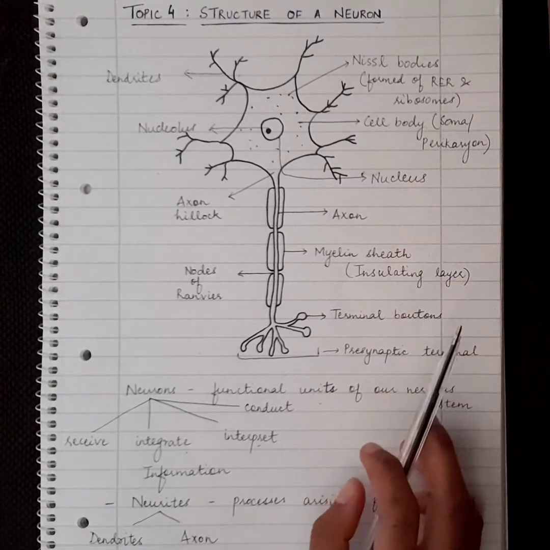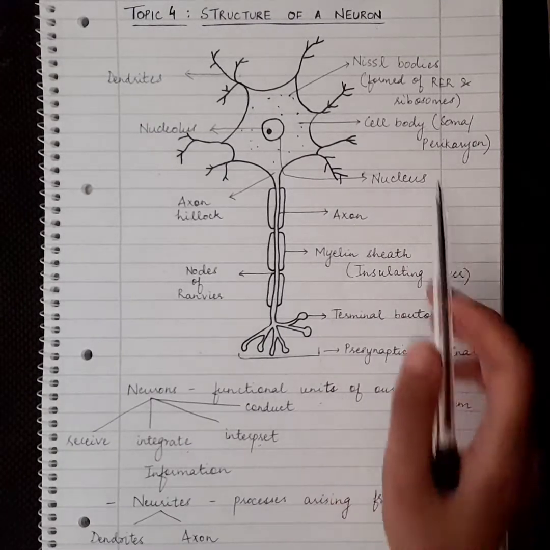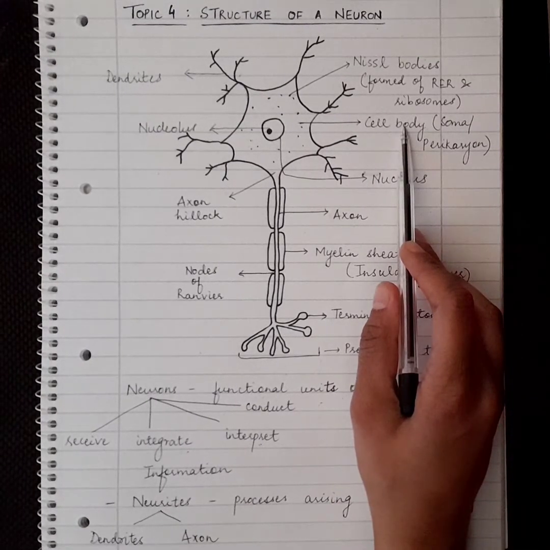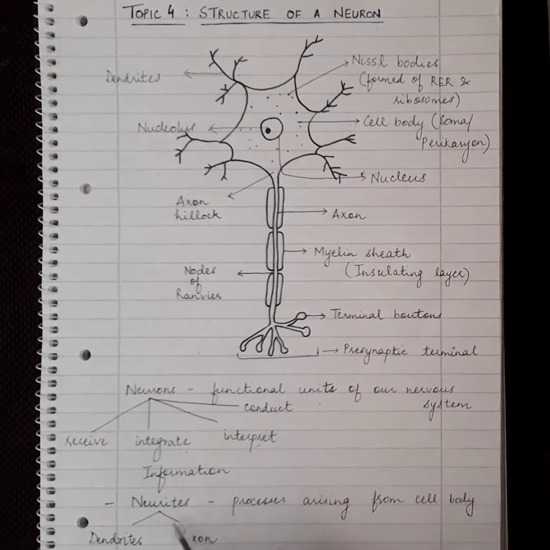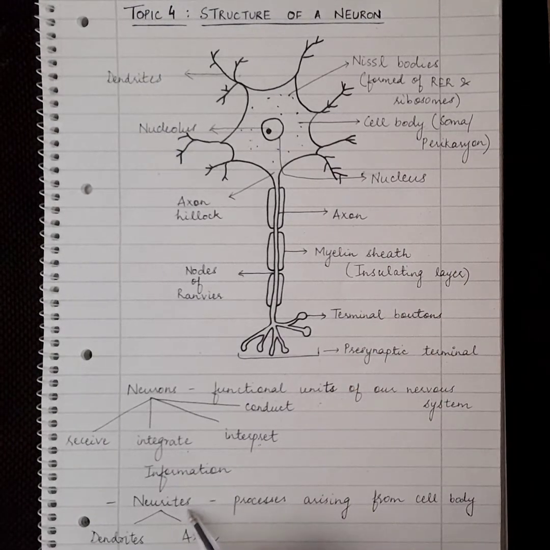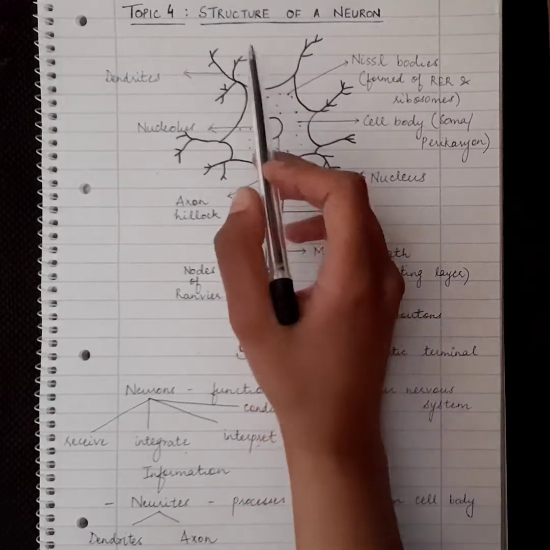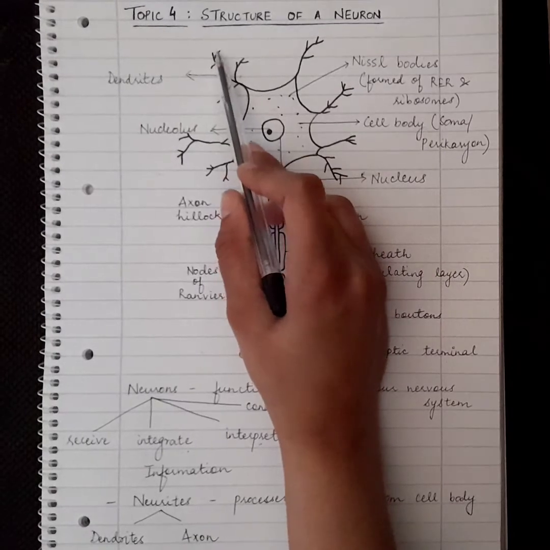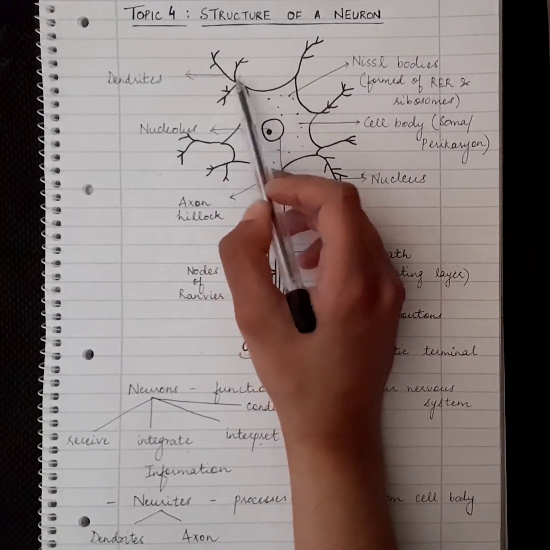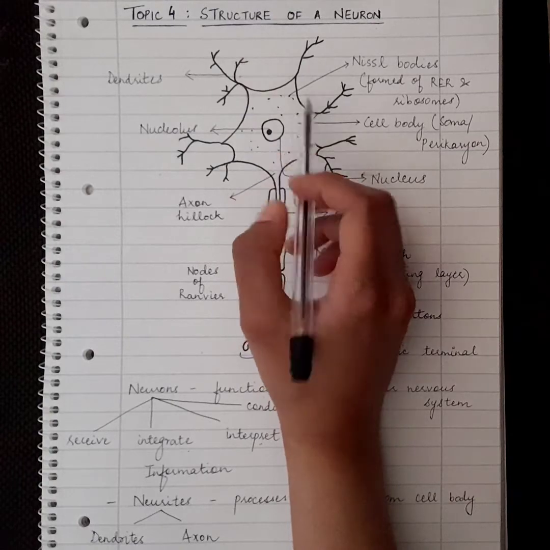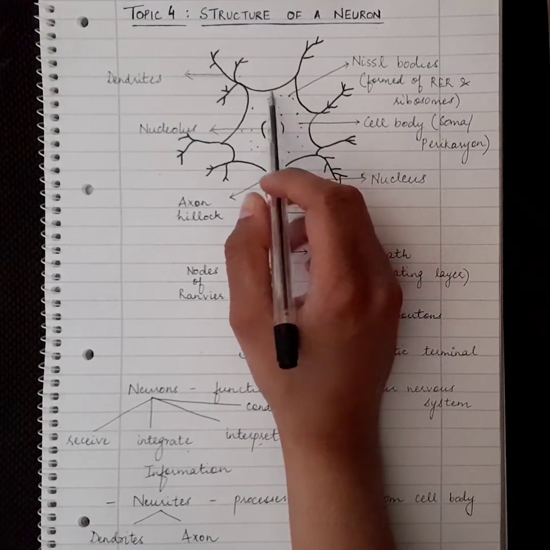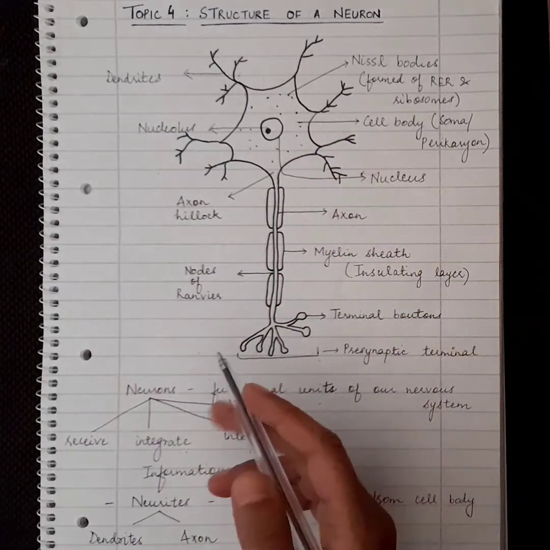Now our cell body also gives rise to certain processes which are known as the neurites. Neurites are basically the processes which arise from the cell body, and they are divided into two types, the dendrites and the axon. Dendrites are small branched processes which come out of the cell body, and they branch out like a tree.